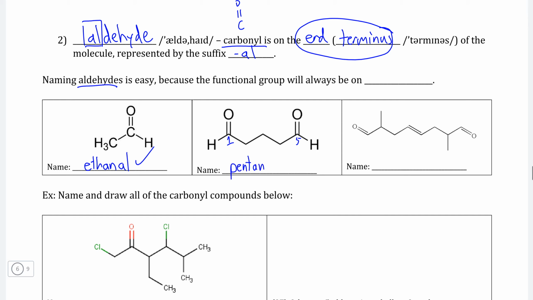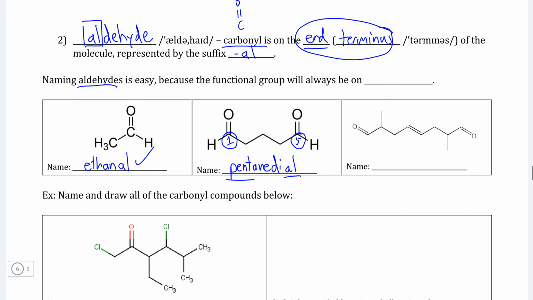We would adopt the parent chain name pentane, and because there are actually 2 aldehydes here, and because aldehydes can only fall on a terminal carbon in pentane, we know that the aldehydes can only be on carbon 1 and carbon 5, so putting the numbers in is redundant, so we can simply call this pentanedial, understanding that the aldehydes need to fall on the first and final carbons of the chain.